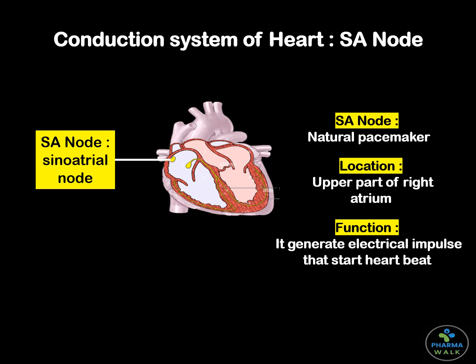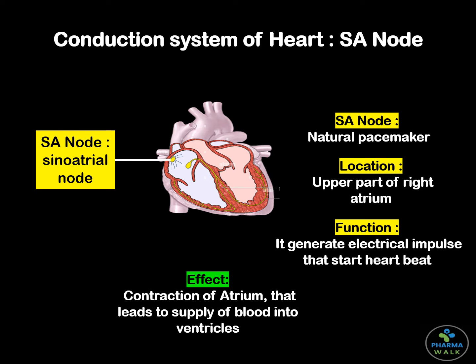That's why it is called the pacemaker. Many times we have heard कि pacemaker बाहर से replace करना पड़ा या implant करना पड़ा. So that is the very important, crucial function of the SA node, because it starts the process of generating the electrical signal and then it leads to the heartbeat.